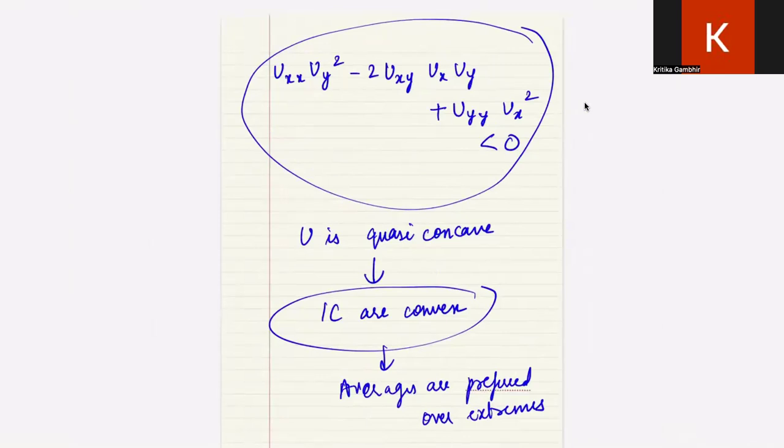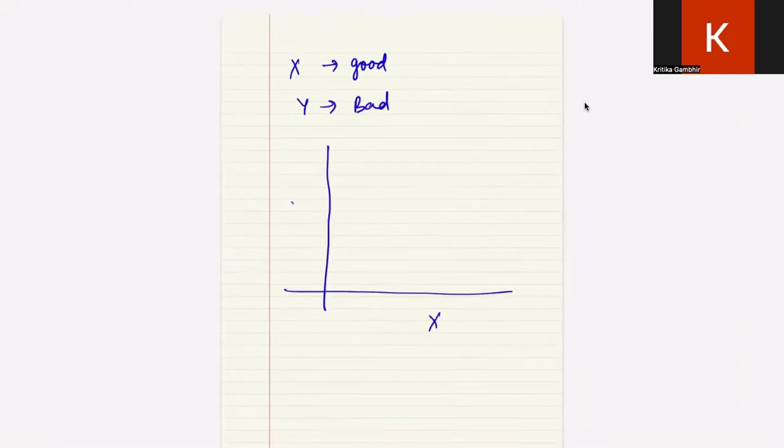Now, I want to repeat the same exercise when Y is a bad. Okay, your X is a good commodity and your Y is a bad. Now, I know that in such situations, suppose the shape of my ICs is like this. So it is upward sloping.